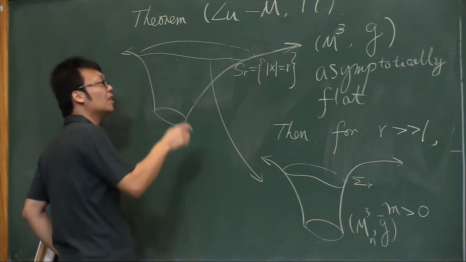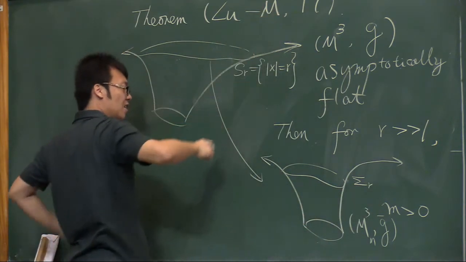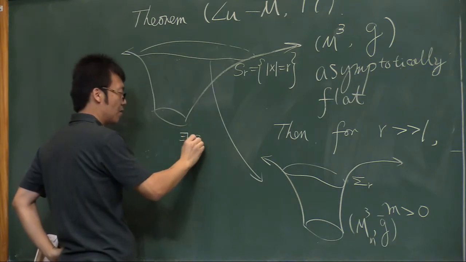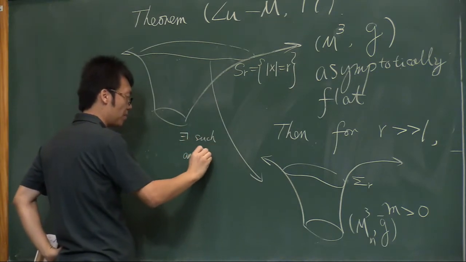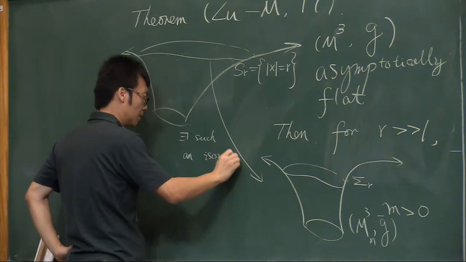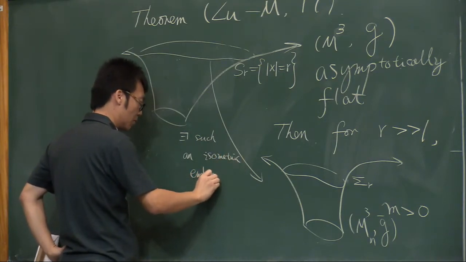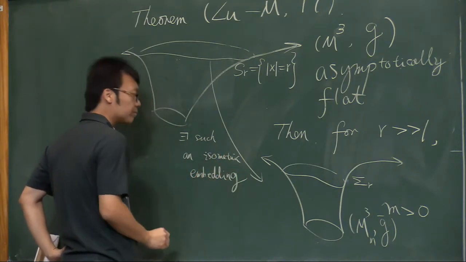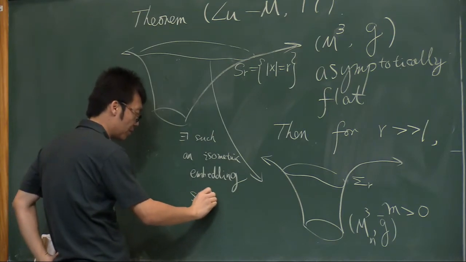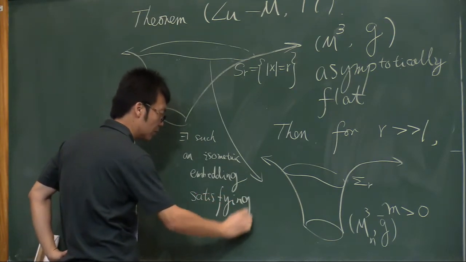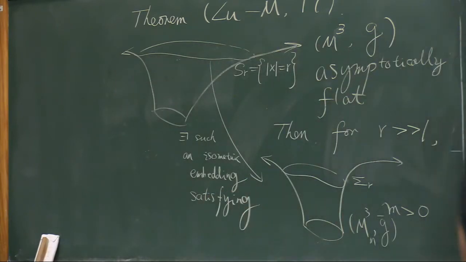So the claim is for sufficiently large R, there exists such an isometric embedding satisfying all the assumptions. That's all these 3 assumptions.